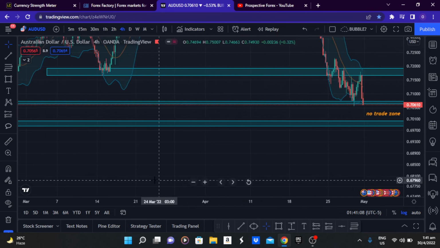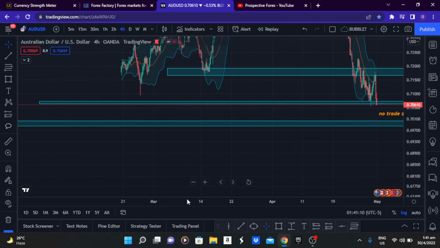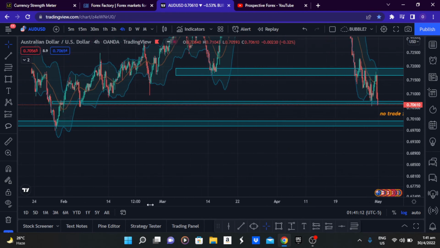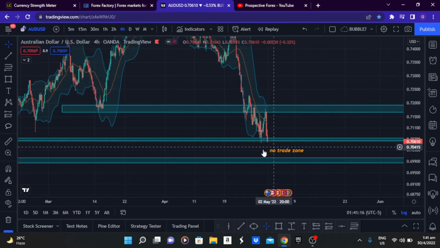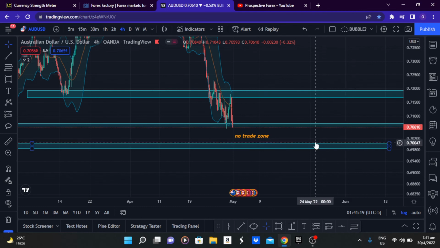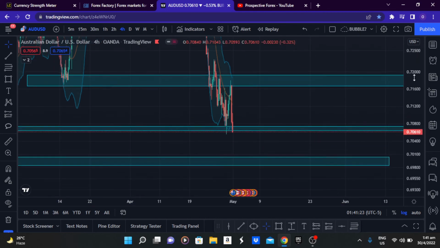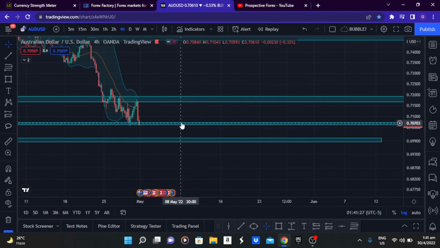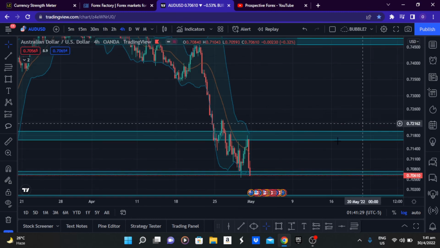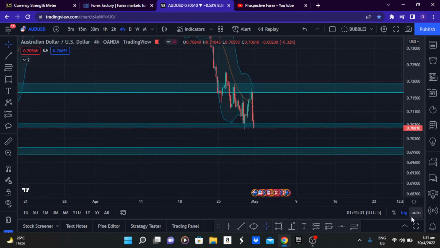Let me just confirm over here. No, sorry about that, that was my arrow. So I'm saying that there should be a retracement. Either price will retrace at this level here.